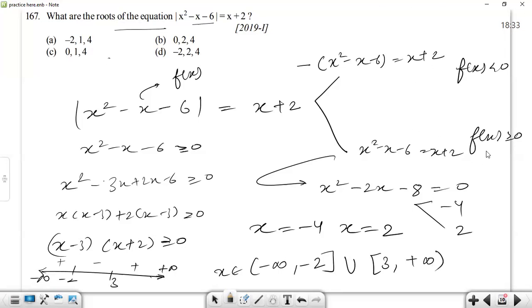Okay, so for this function to be positive, x should belong here. Now we have to find the values by solving the further condition. We have found the values of x as 2 and -4.